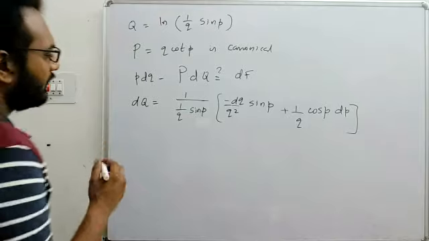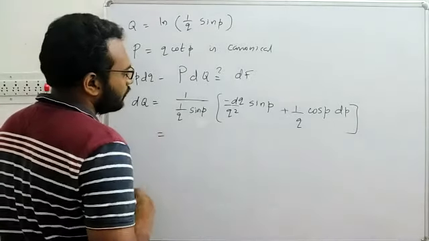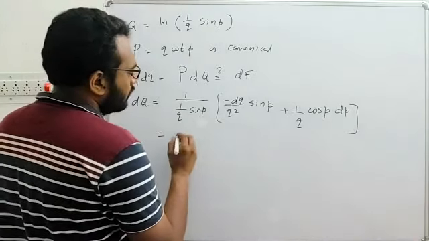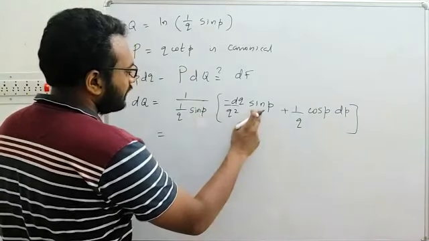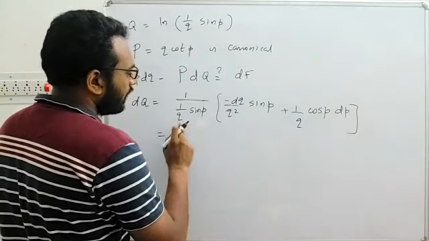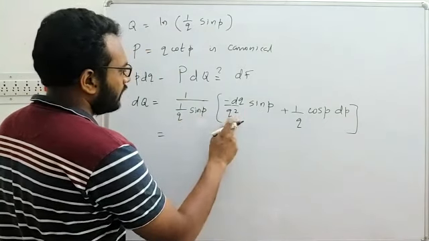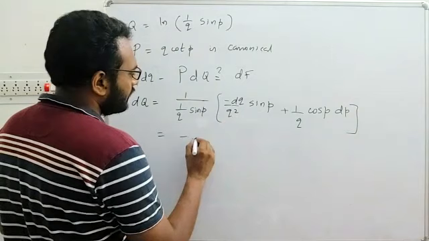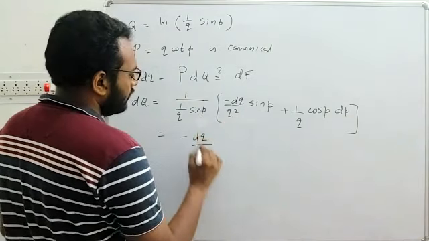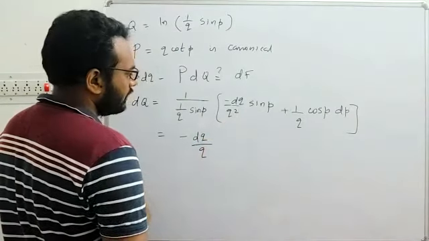So I think we better simplify this first. We've got sine P and sine P there, they cancel. We've got 1 by q and a q square there, so you'll get a q over here. So that becomes minus dq by q. Am I right? Yeah.